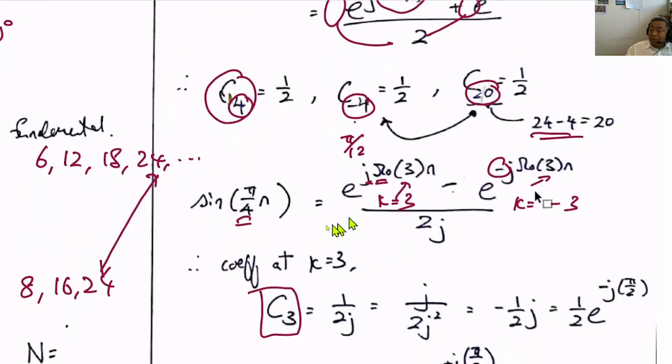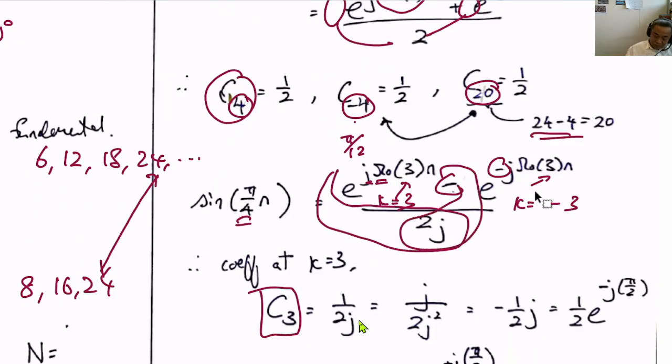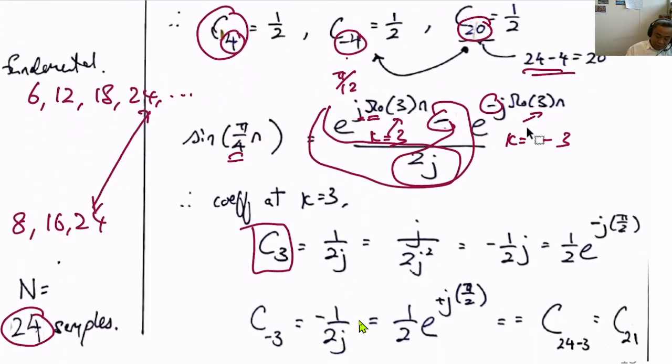Now, the difference between the cosine and sine is that the complex exponentials subtract, and we divide by 2j. So the coefficient at the positive frequency is 1 over 2j, and the other is minus 1 over 2j. So this is C3, and this is C minus 3.